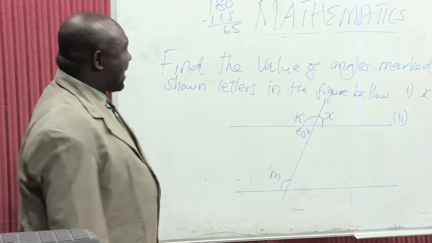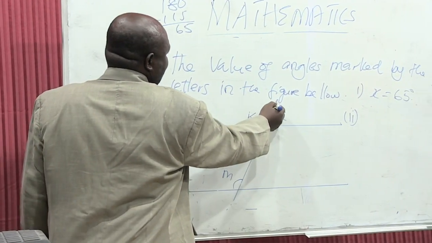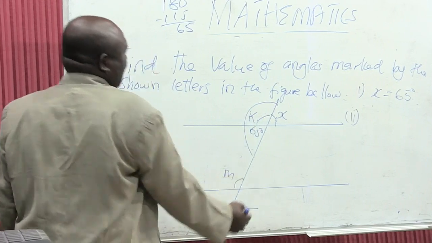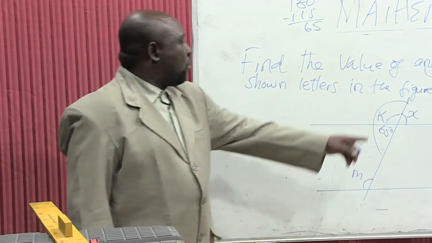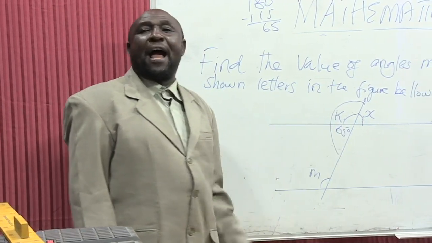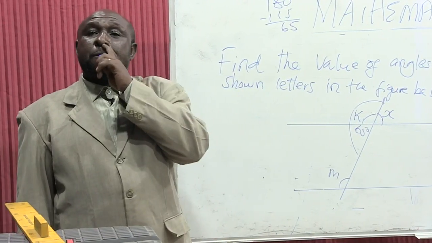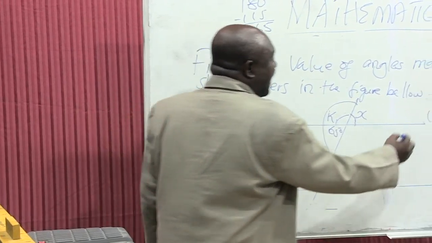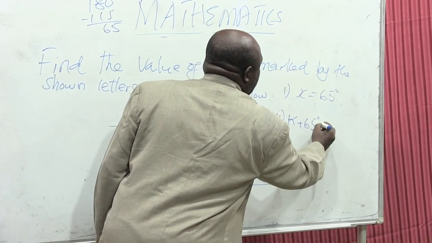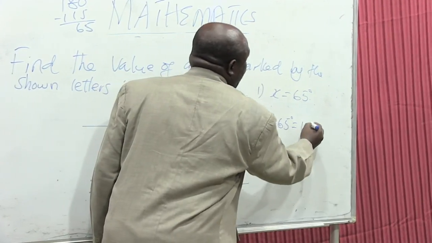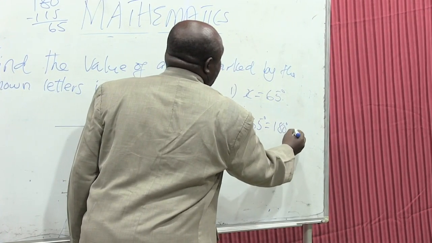So we remember that this is a straight angle. So K and 65 are supplementary. Then we write K plus 65 degrees is equal to 180 degrees.